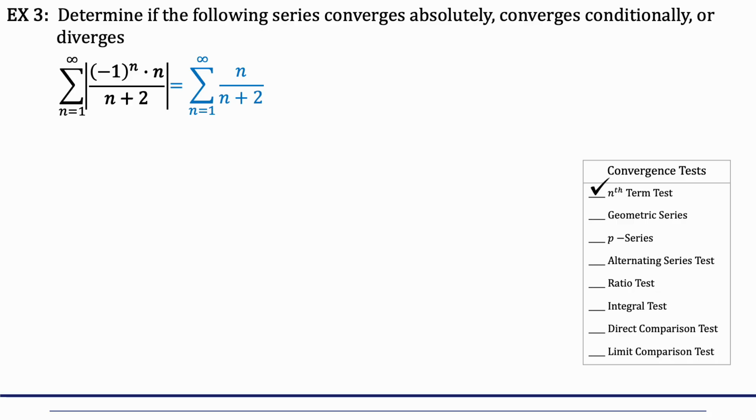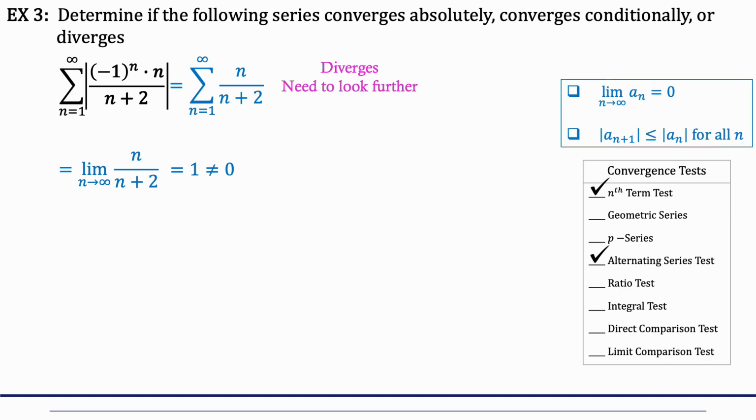That's one of the first ones we learned, and it's really important because, watch this, the limit as n approaches infinity of n over n plus 2 is 1. It's not 0. So right off the bat, this diverges. So we need to look further and reconsider this as an alternating series. Now again, because of the nth term test, this one diverges. The alternating nature of it doesn't help.